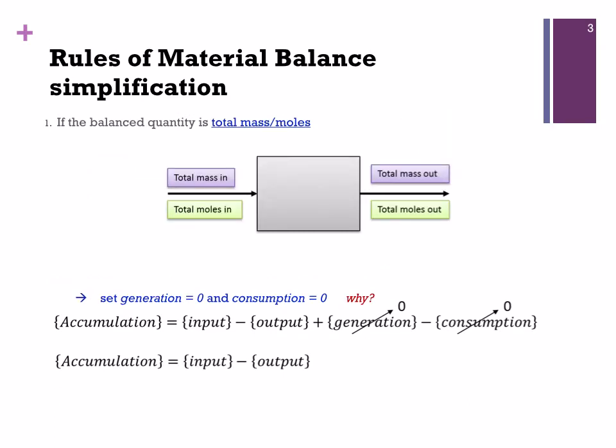Previously, in the total mass and moles, regardless of whether the process is reactive or non-reactive, the total mass in will always equal the total mass out if it's a steady state. So the general mass balance will always be accumulation equals input minus output, regardless of reactive or non-reactive.